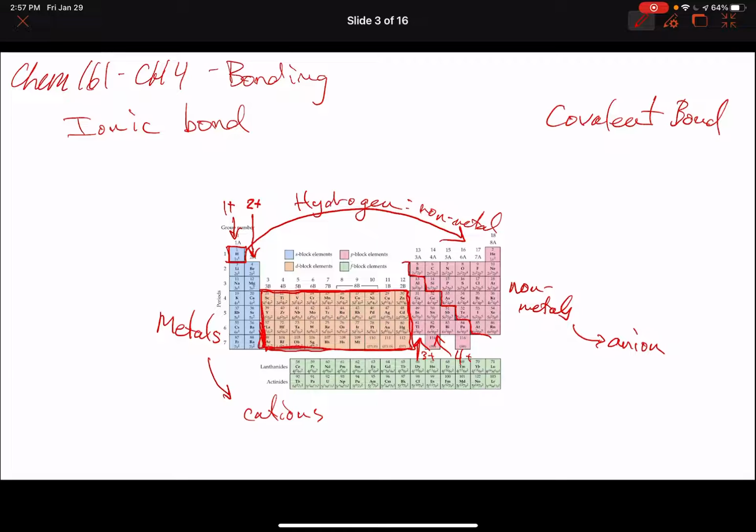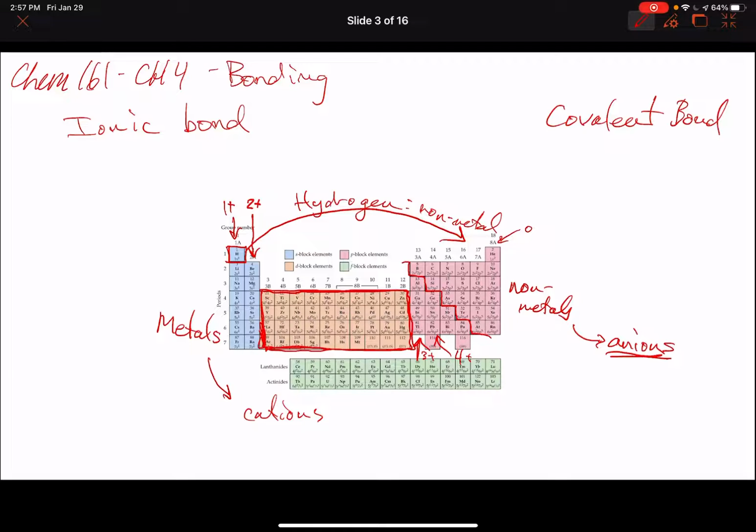Once we cross the staircase boundary, the expected ions that form are anions, as we mentioned, and noble gases will not form ions. So these remain as 0. They're very hard to form compounds, either covalent or ionic, so we'll assume that they don't react to form ions at all.